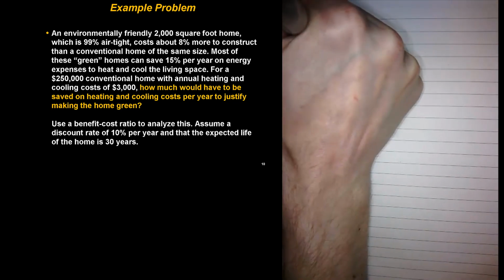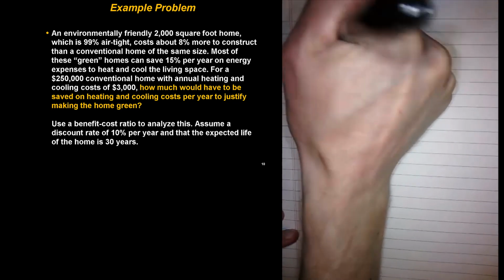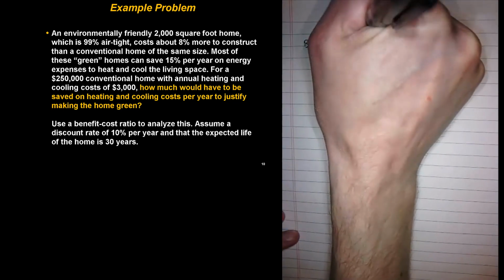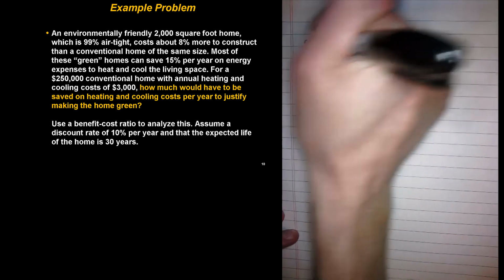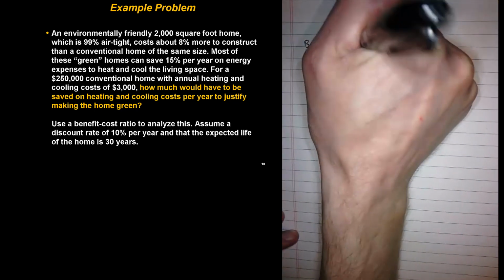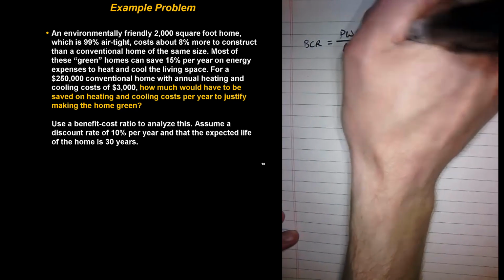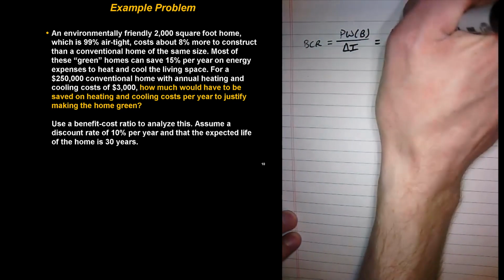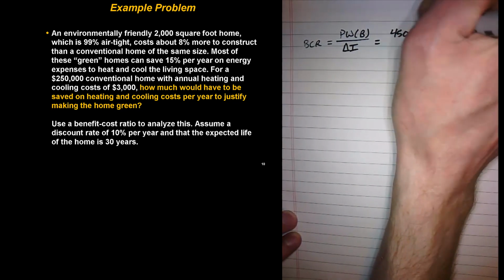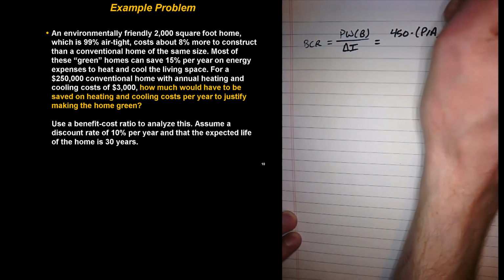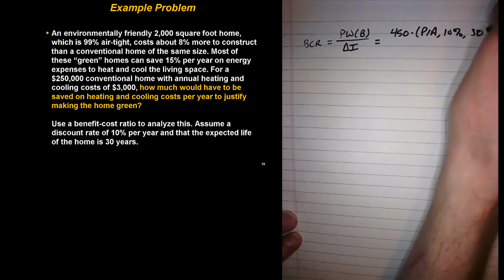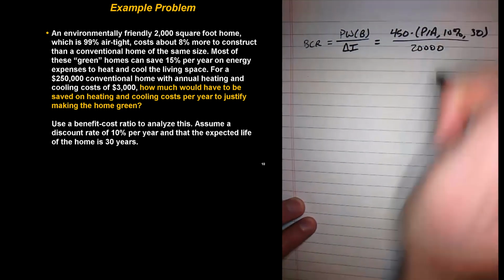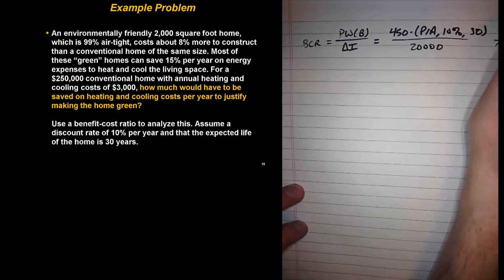We can take the benefit cost ratio from the previous version of the problem, which was the present worth of our benefits divided by the delta in our investment: 450 times P given A at 10% for 30 years, divided by 20,000. And we want that to be greater than 1.